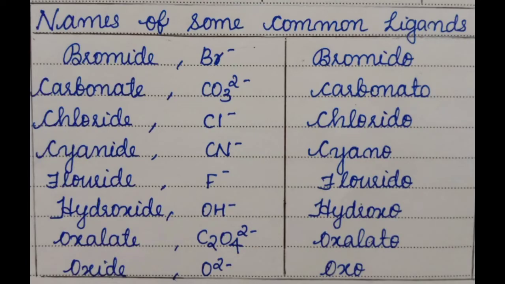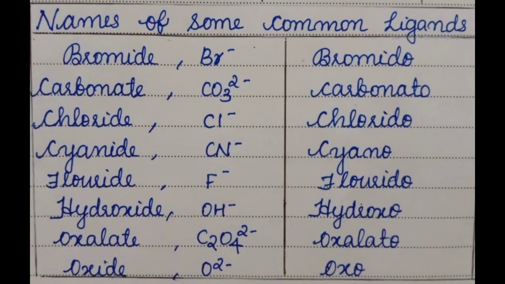In order to arrange ligands in alphabetical order, we should know the name of the ligand. Here I have given names of some common ligands. Bromide, Br⁻, is bromido. Carbonate, CO3²⁻, carbonato. Chloride, Cl⁻, chlorido. Cyanide, CN⁻, cyano. Fluoride, F⁻, fluorido.